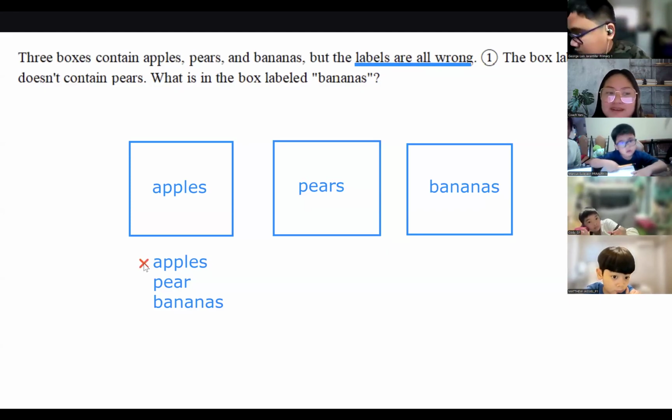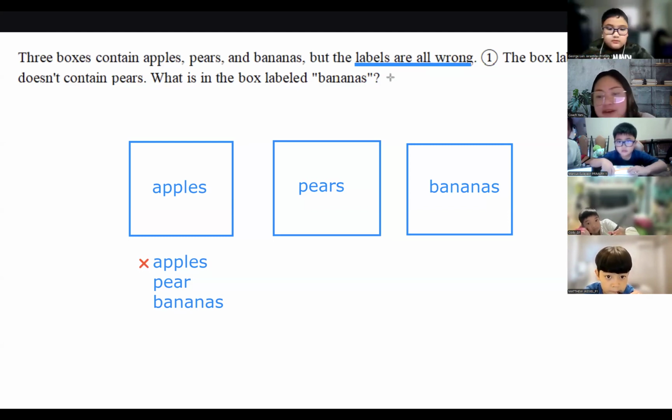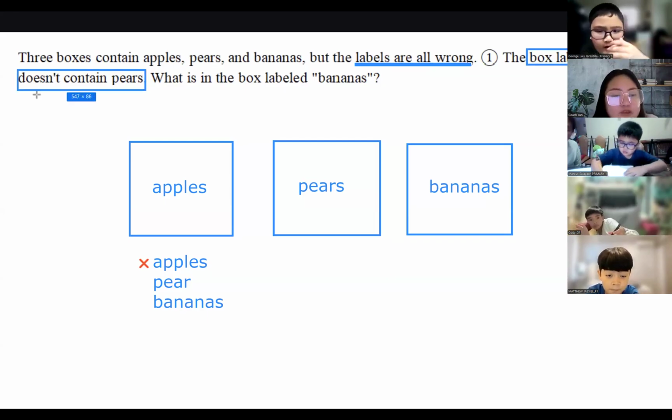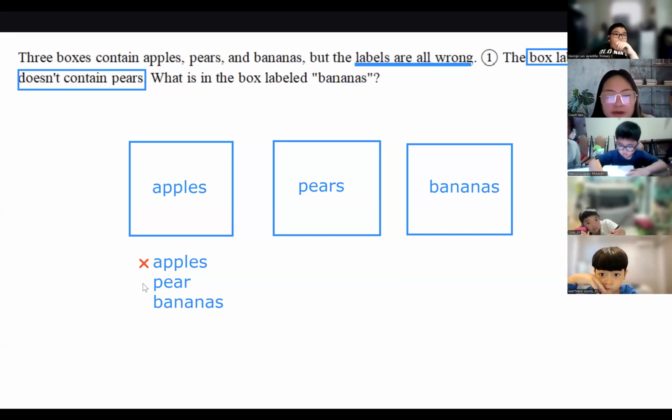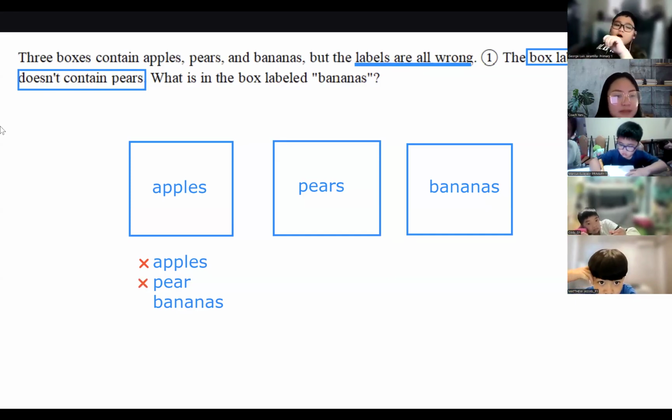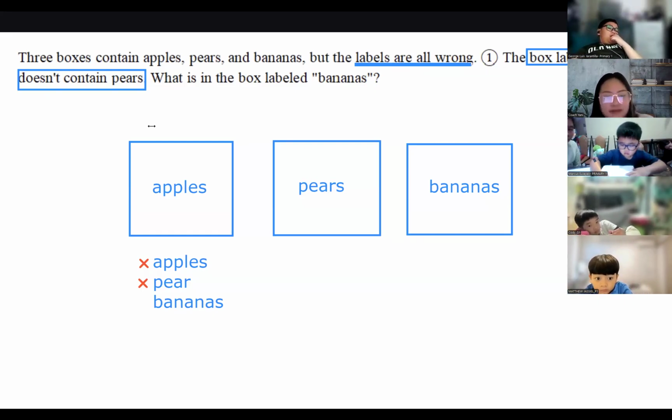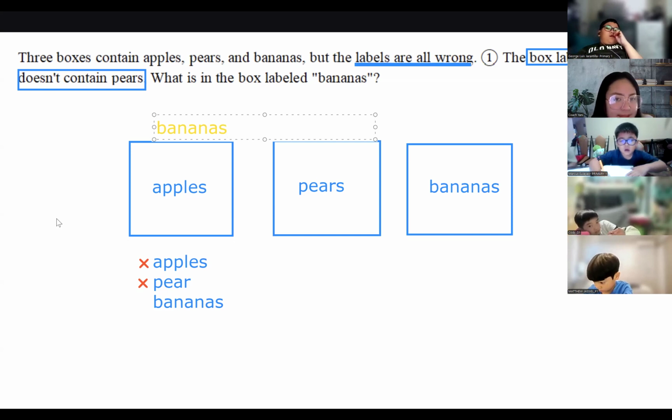And secondly, it says the box labeled apples does not contain pears. So that means the correct one here, this box actually contains bananas. So this is the correct fruit inside.